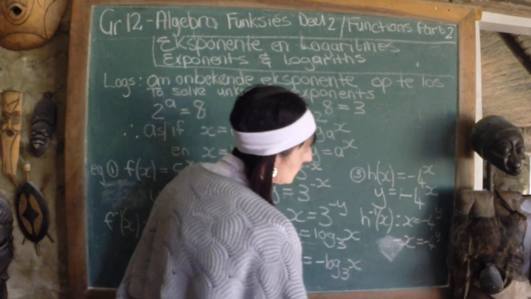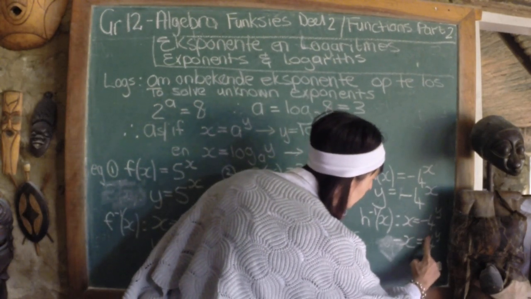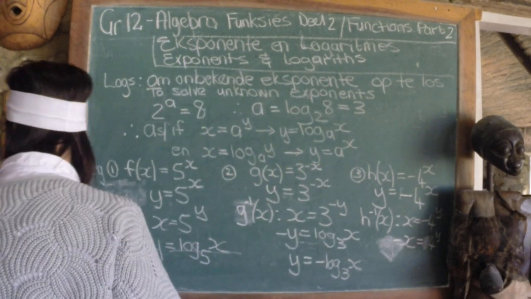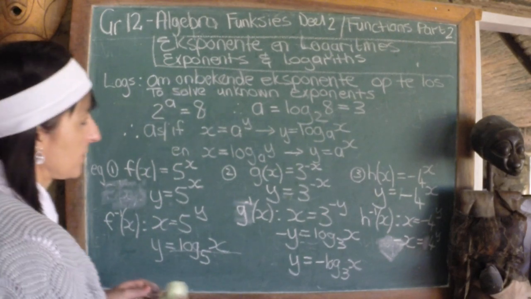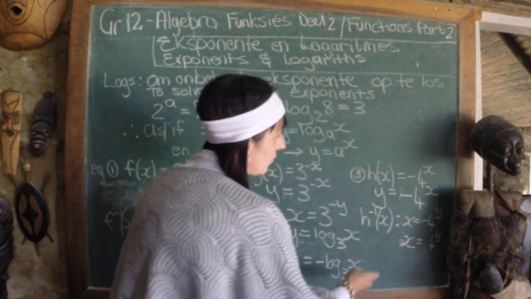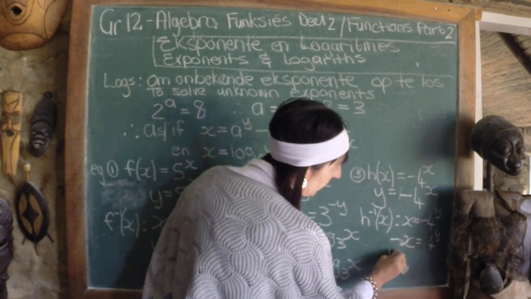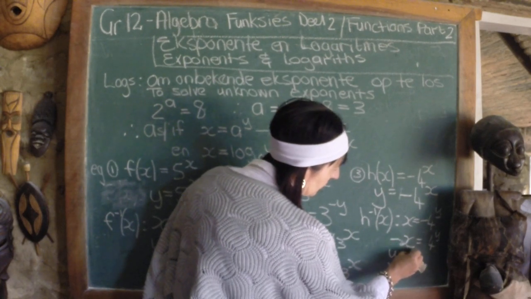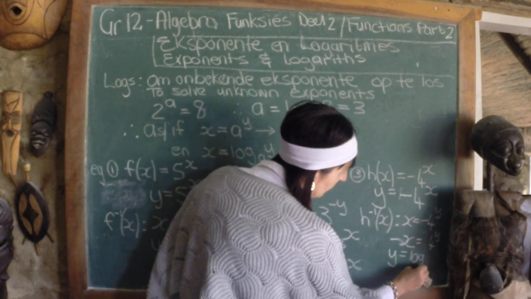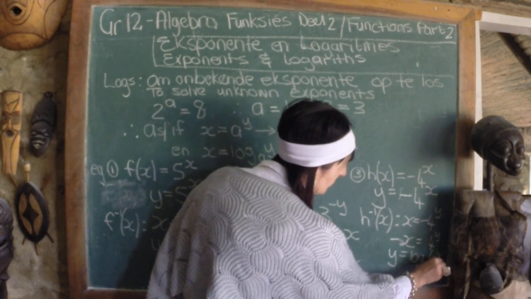Okay. So now that becomes a plus if I divide with minus 1 on both sides. So now it's minus x equals 4 to the power of y. I can rewrite it in terms of y. Y equals the log of 4 and in brackets minus x.